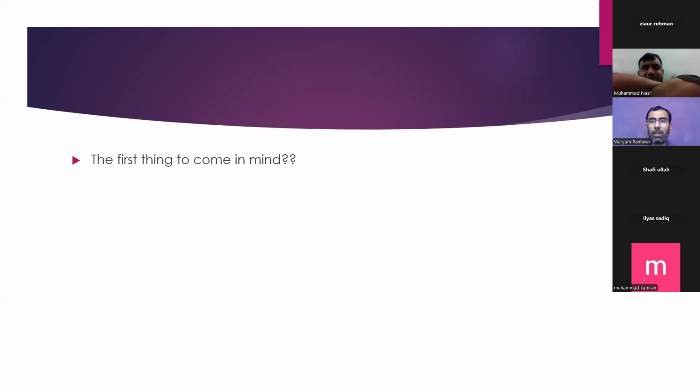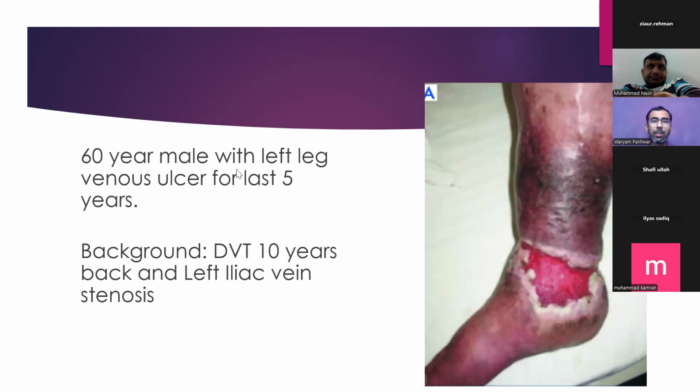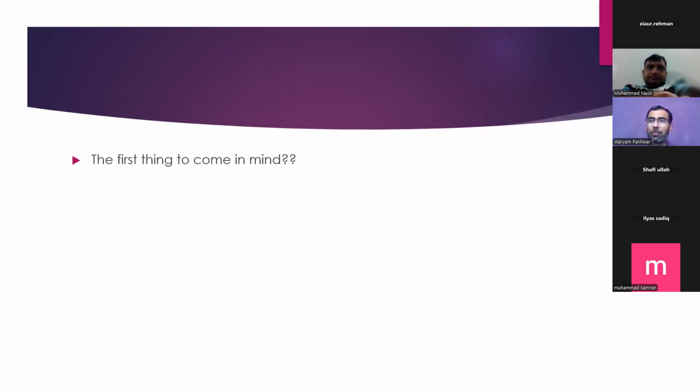Yes, this looks like post-thrombotic syndrome because of the history of DVT and non-healing venous ulcer for the last 5 years. In the picture you see, although I have taken the picture not from the patient but from the internet. So the first thing that comes is post-thrombotic syndrome. Any other thing?